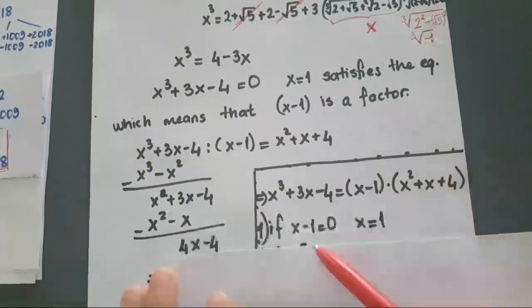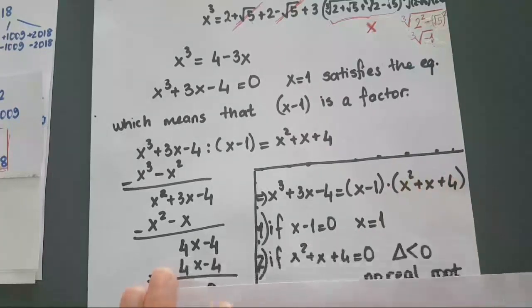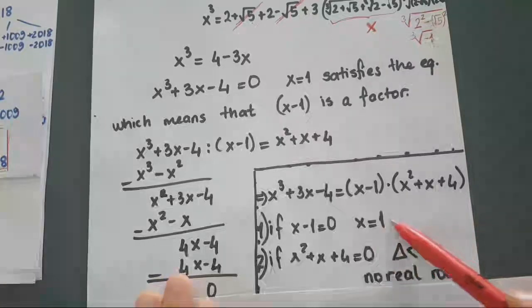When we check the first factor, x minus 1 is equal to 0, then x is equal to 1. If we check the second factor, x squared plus x plus 4 is equal to 0. When I check delta, it will be smaller than 0, which means that there is no real root. So there is only one solution for this problem. x is equal to 1.